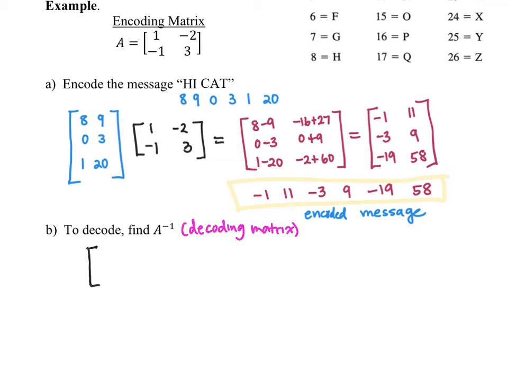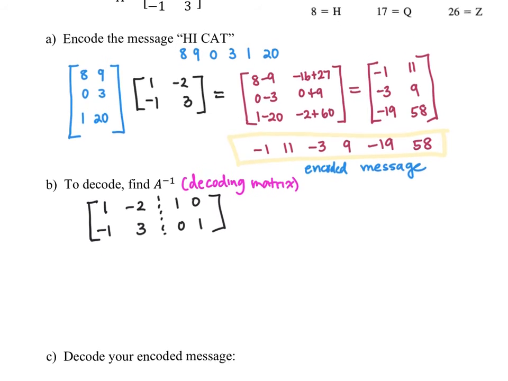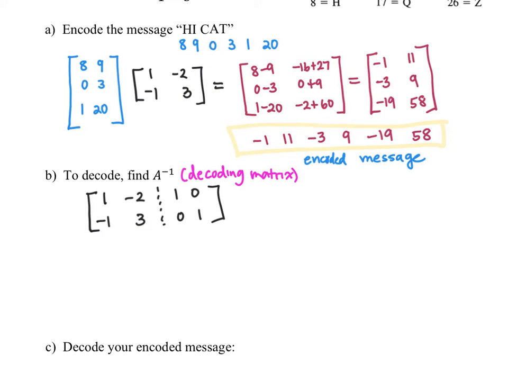Let's do 1, -1, -2, 3, and I'm going to augment that with the identity matrix. Remember, I'm trying to get the identity matrix on the left so I can find the inverse. I will leave the first row the same, and I'll add the rows to cancel that first element. 0, 1, 1, 1.